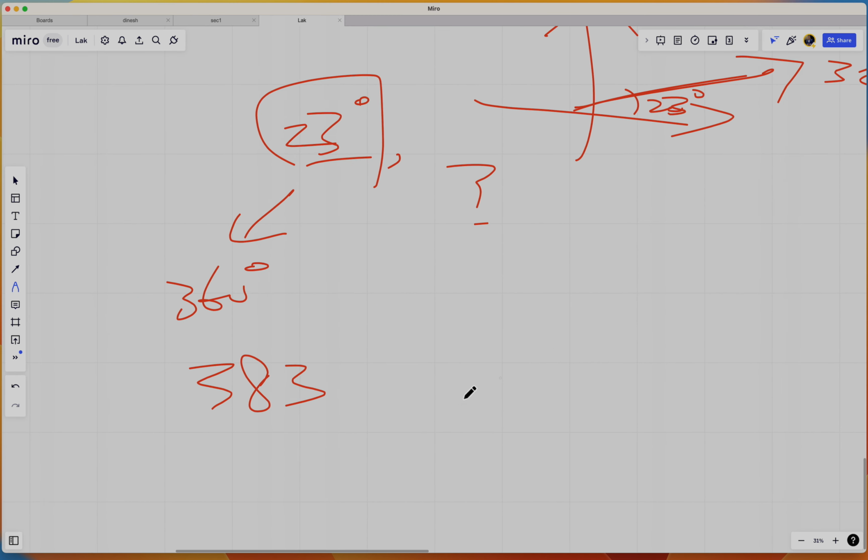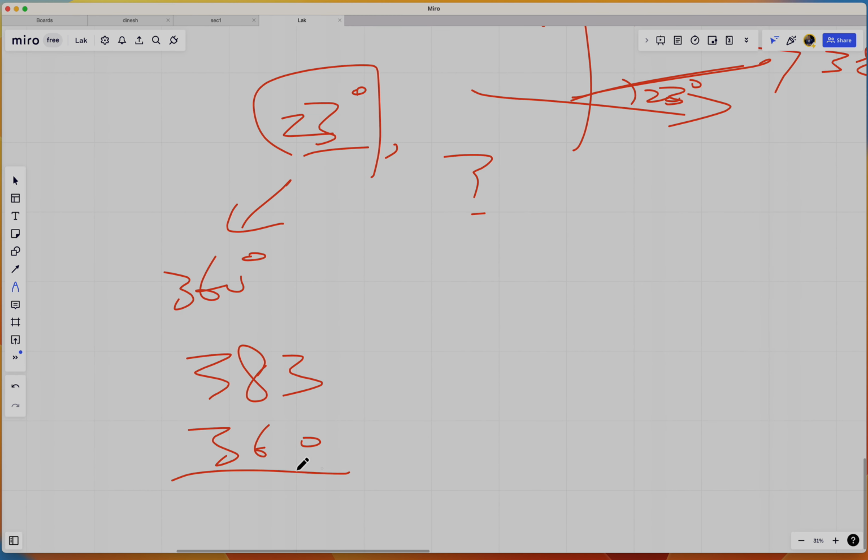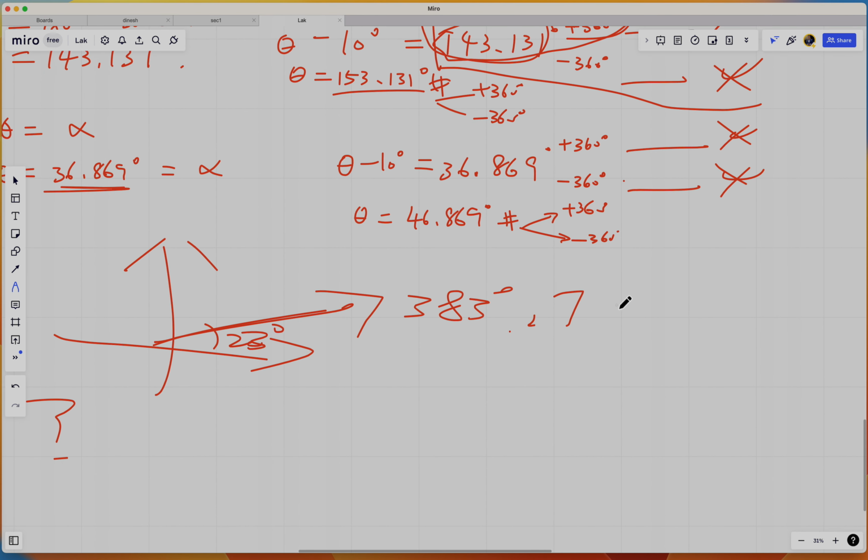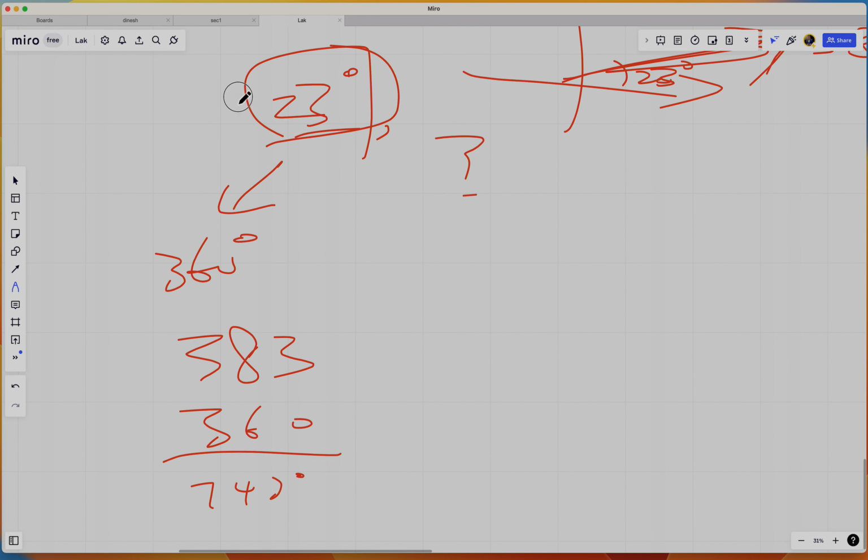You can plus another 360 to this 383. It is 743. 743 points to the same position. You minus 360 from 23, you get a negative number. Quick, give it to me.